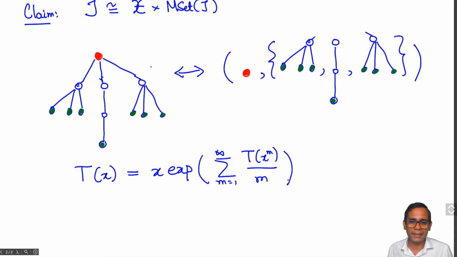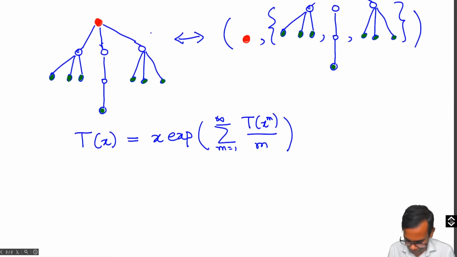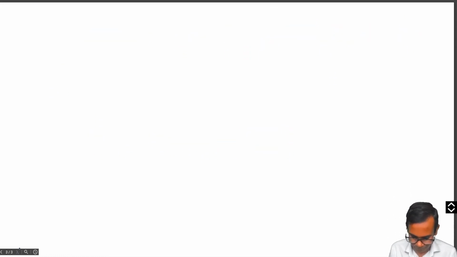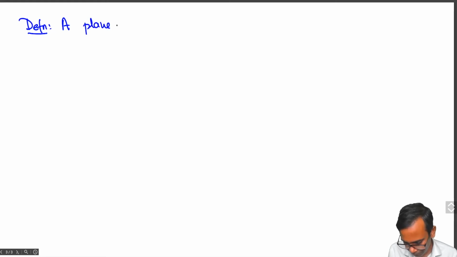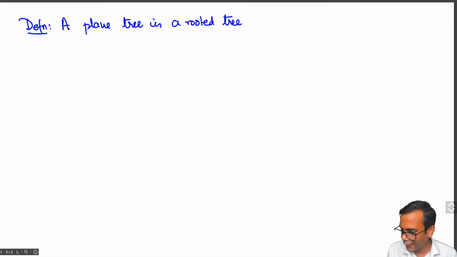Things work much nicer when we look at slightly simpler classes of trees. This is the most general class of rooted trees. And so let me now define a plane tree. A plane tree is a rooted tree where we care about the order in which the subtrees occur.